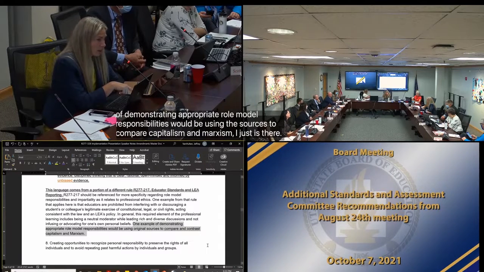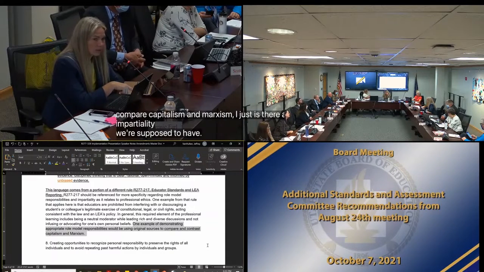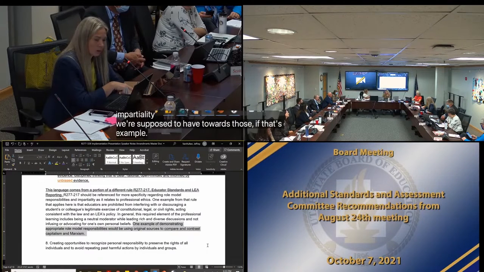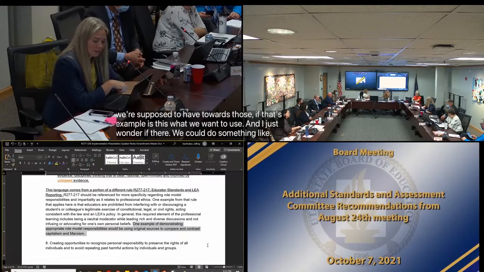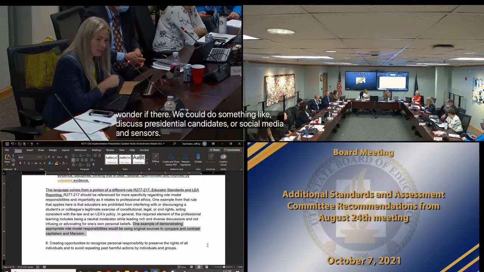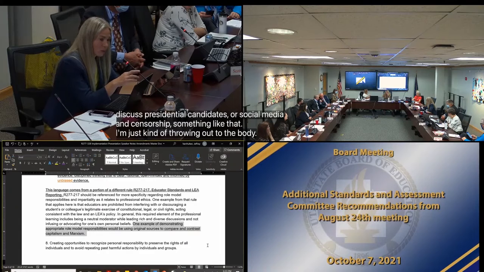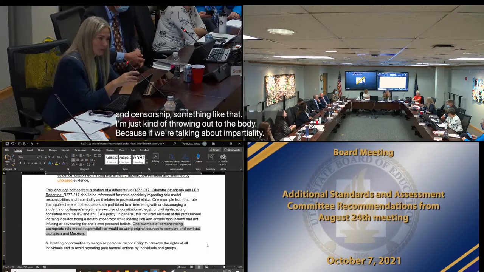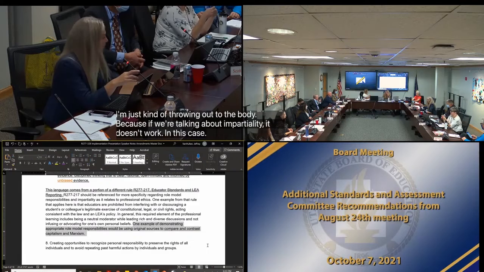Is there an impartiality we're supposed to have towards those? If that's our example, is this what we want to use? I just wonder if we could do something like discuss presidential candidates or social media and censorship. I'm just throwing it out to the body. Because if we're talking about impartiality, it doesn't work in this case.